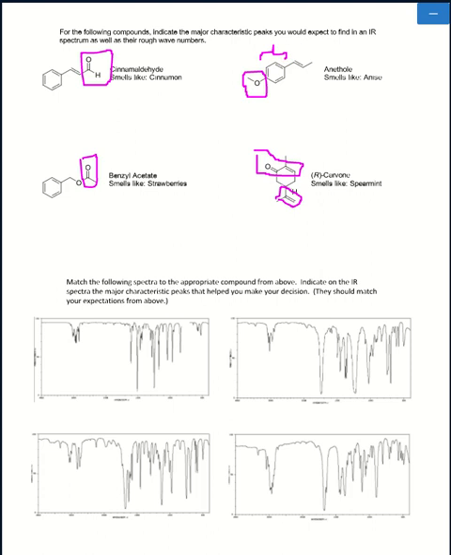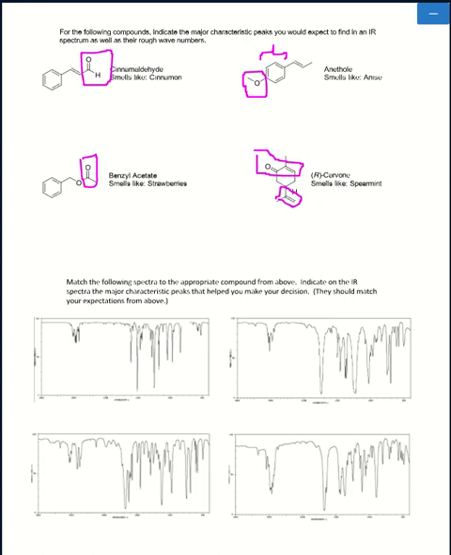So similar to the first page, just look at the certain functional groups that you have to work with and use that to start piecing together which IR spectrum in the bottom belongs to which molecule.